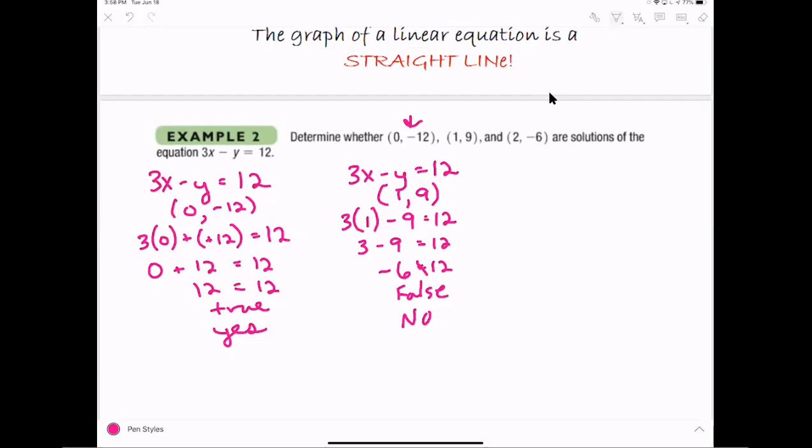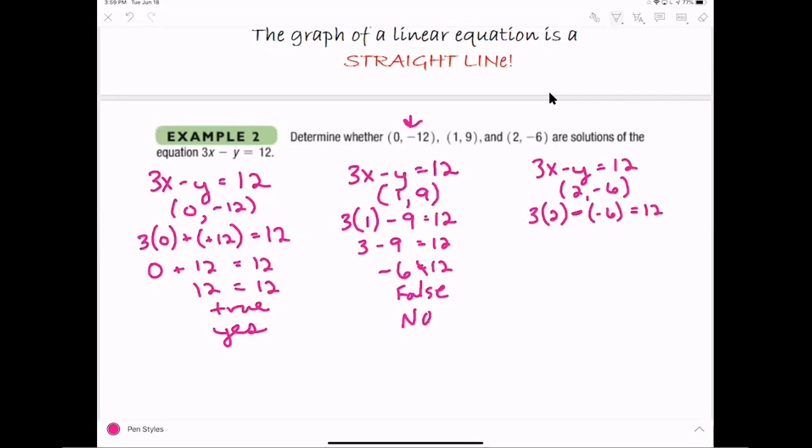Our last point that we will test is 2, -6. I'm going to replace x with the 2, bring my minus sign down, and replace y with -6. Notice, and I did not point this out in the first one, the equation automatically has this minus here.